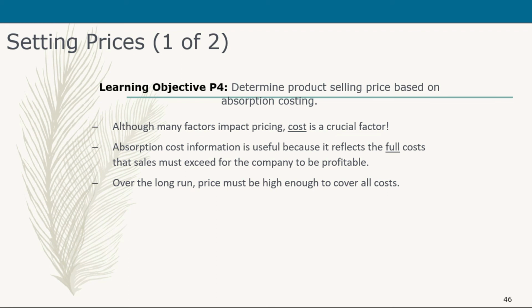Next. So in here, we have to set prices. As business managers, if we have an idea of what our product costs, we can now set the price. No? Although many factors impact pricing, cost is a crucial factor. That is why cost accounting and strategic cost management is very important, particularly for business management.